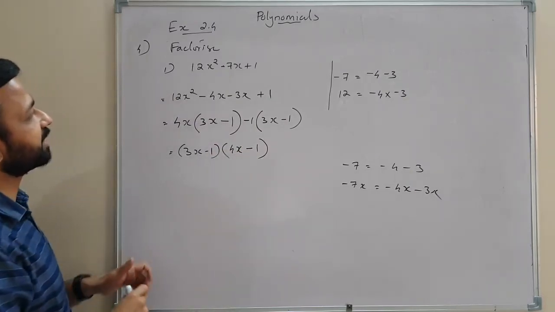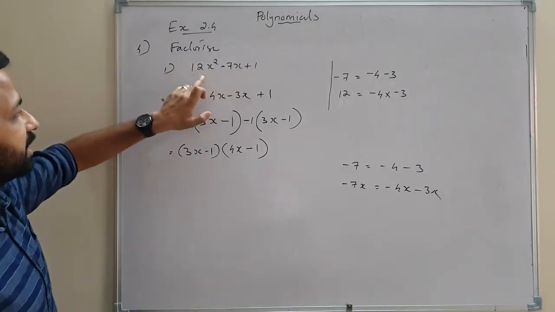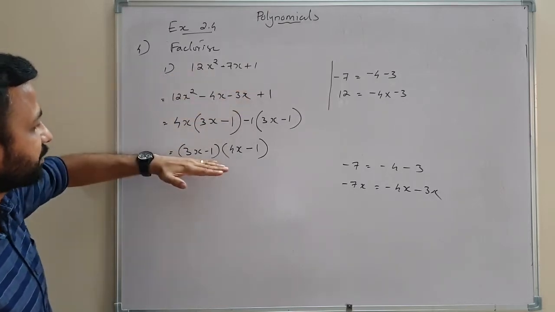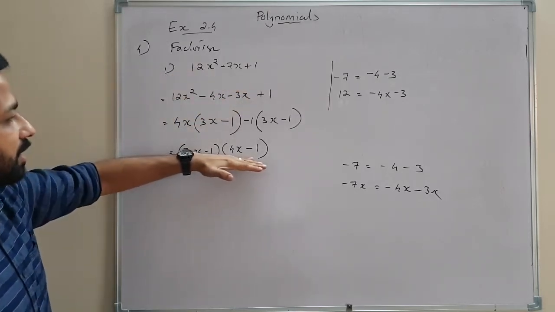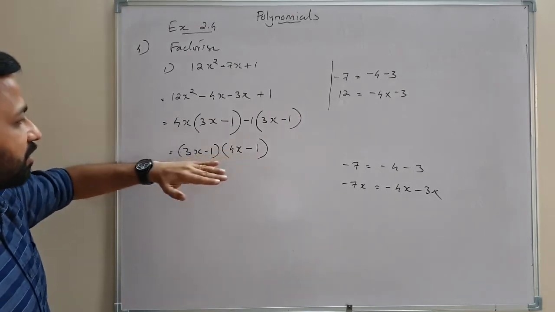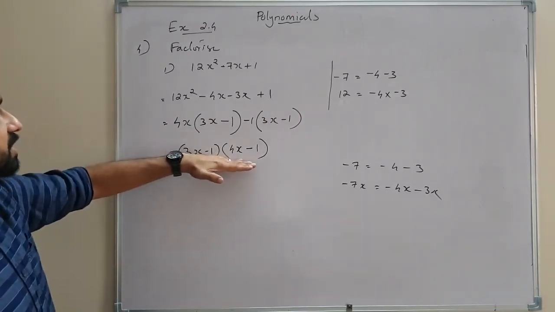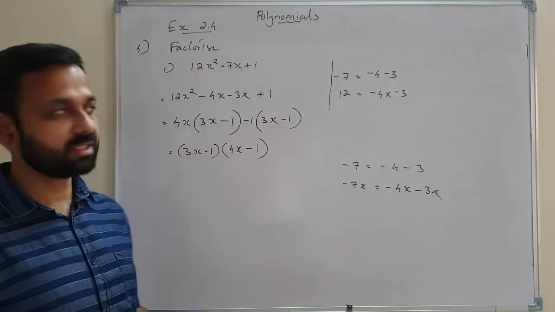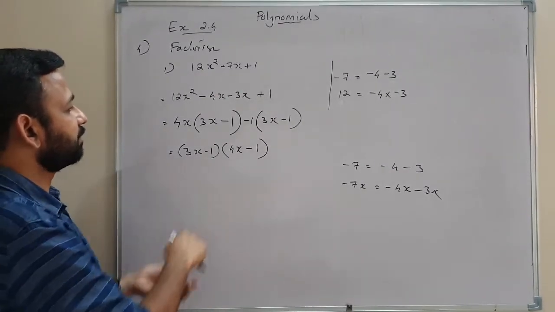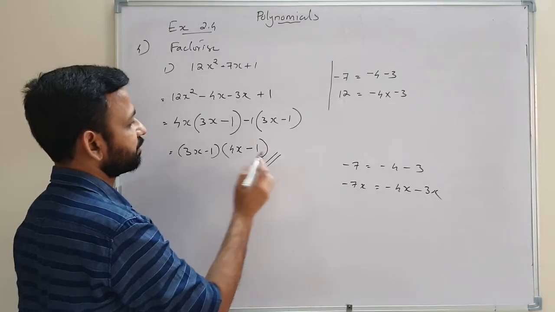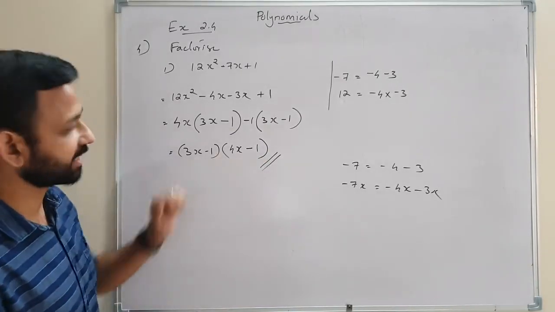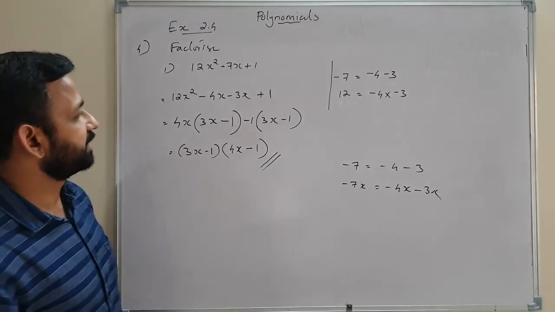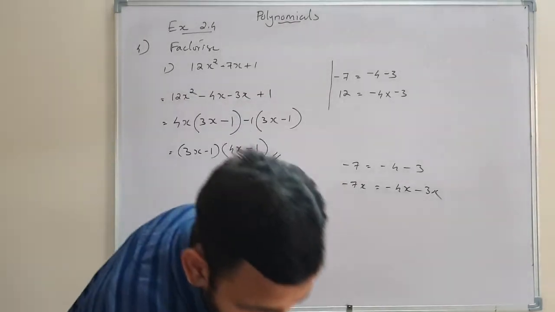So now we converted the given expression, which is a sum of 3 terms, into the product of two binomials, or product of two linear polynomials. That is called factorization. So we converted the given expression as the product of its factors. So this is factorization. By splitting the middle term, we have done it.